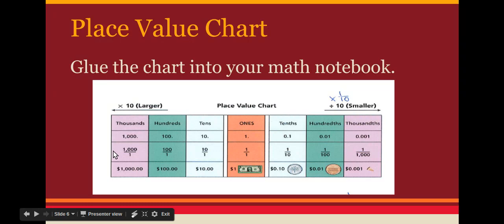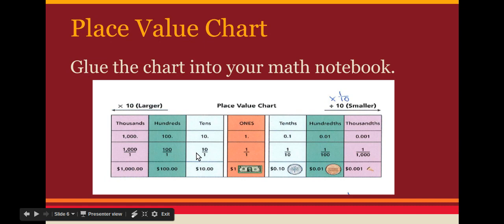So underneath the decimal notation, we have the fraction notation. Remember that any number written as a fraction out of 1 is that number because a fraction bar means divide. So 1,000 written as a decimal is just 1,000 over 1 written as a fraction. Same thing with 100. 100 is 100 over 1 because 100 divided by 1 is equal to 100.